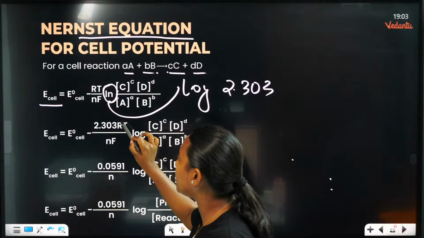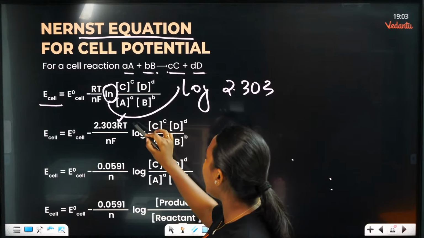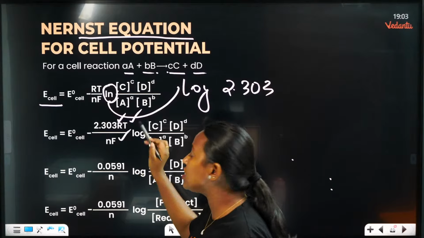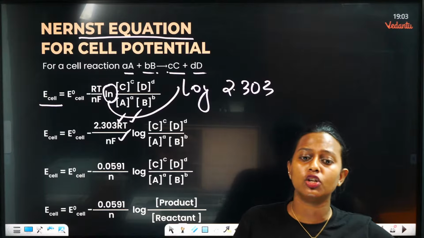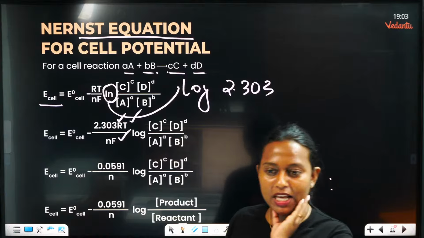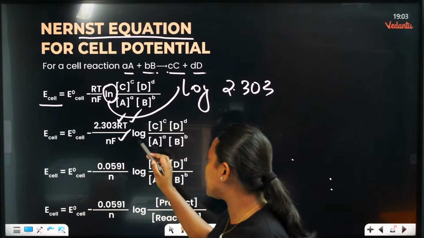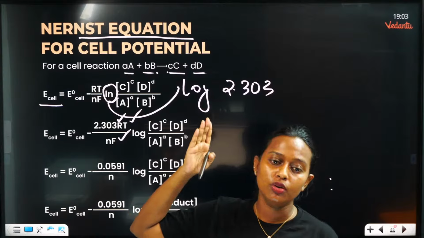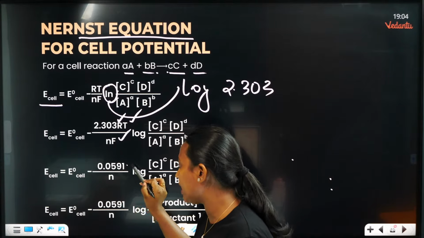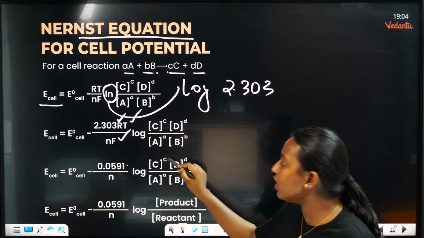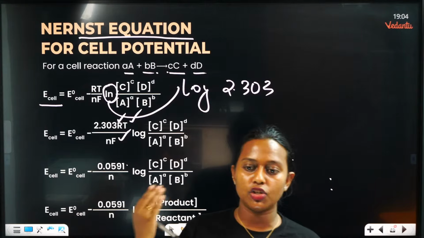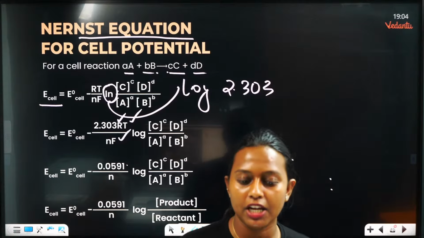Here R is a constant, T is a constant because temperature can be kept constant, and F is also a constant. So when we substitute the values for all the constants, you will get 0.0591 divided by n log of concentration of C raised to c into concentration of D raised to d, divided by concentration of A raised to a into concentration of B raised to b.